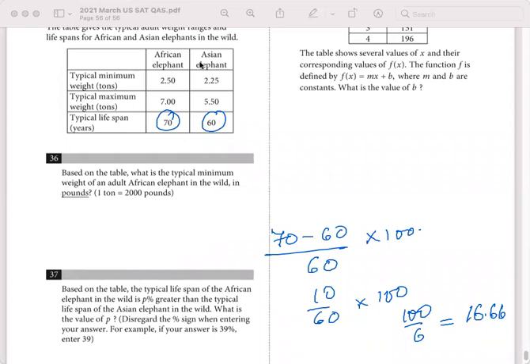Never mind, that's fine. So we'll just say 16.6 or 16.7. 50 by 3. I'm just going to confirm if this is indeed the right answer. 50 divided by 3. Yeah, it is. So, fine.